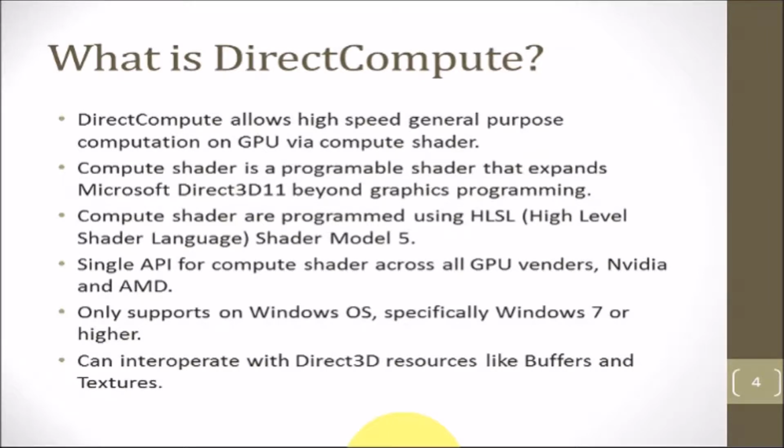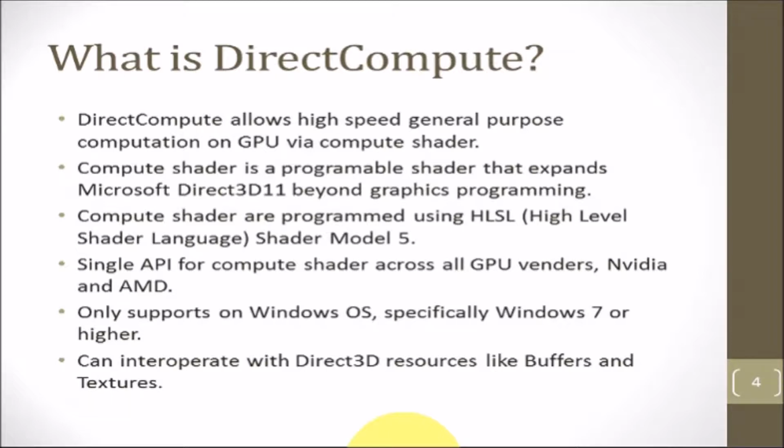Generally until now we know Direct3D as a graphics programming API, but since Direct3D 11, Compute Shader has been introduced and it has been expanded to be used for general purpose computing.